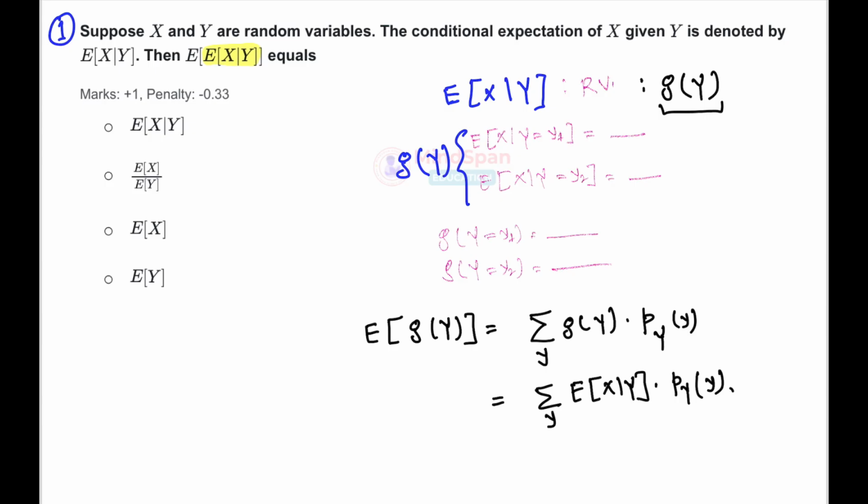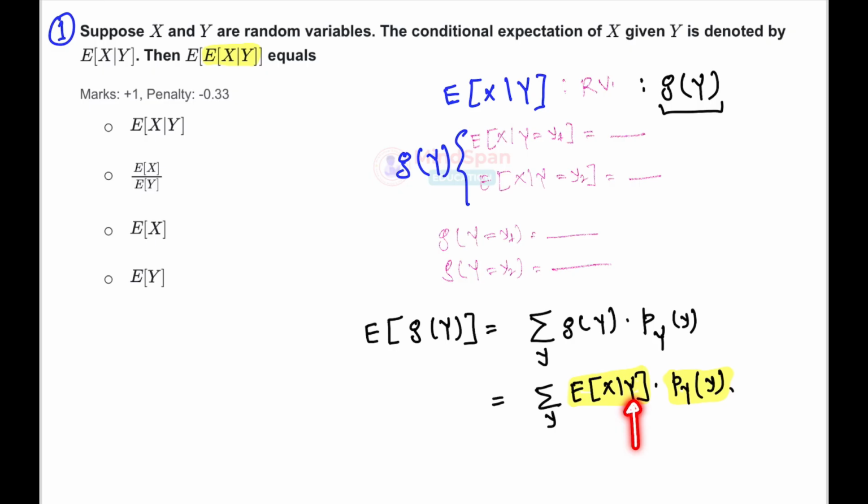Now you recall what this is. We have this expectation times some PMF, right? In the expectation we have this condition. Think about the total expectation theorem.